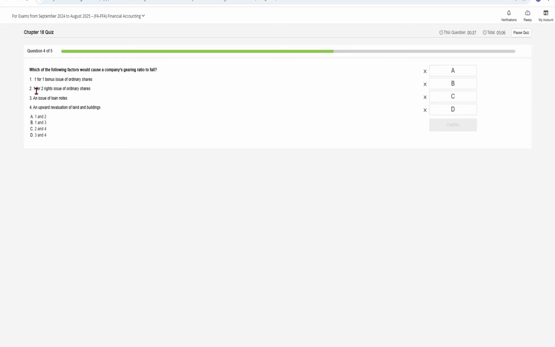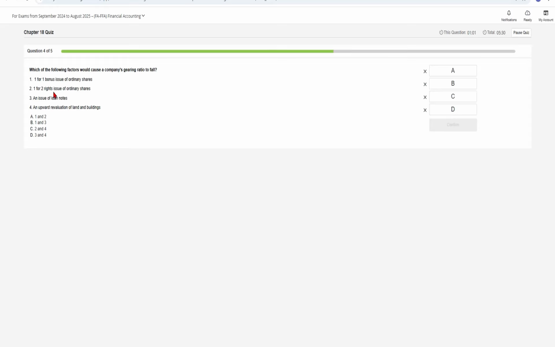Now the second, a 1-for-2 rights issue of ordinary shares. Yes, a rights issue will increase your share capital, so your equity portion will increase. The lower part of the ratio will increase, which means your gearing ratio will fall. Just remember, if the upper part of the ratio is increasing, there is a direct relationship, but if the lower part is increasing or decreasing, there is an indirect relationship.